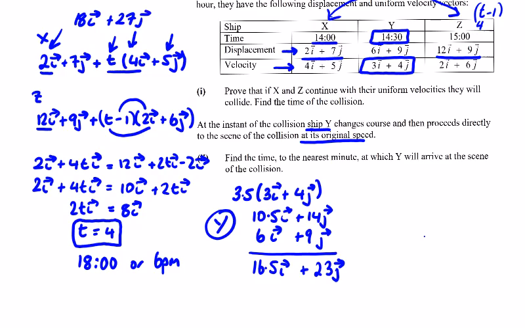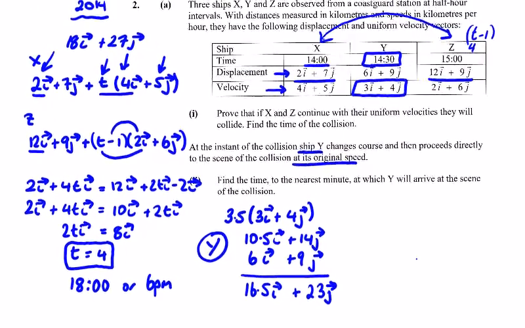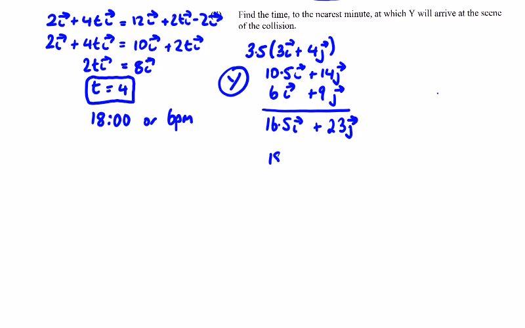That is where the collision is. So if we do a little sketch here, 18i plus 27j. So 16.5i plus 23j is here, and 18i plus 27j is here.